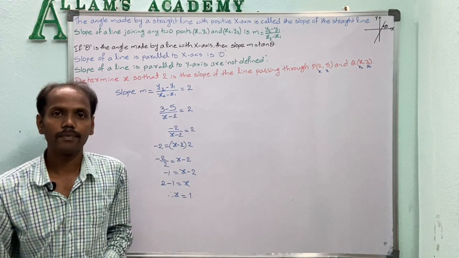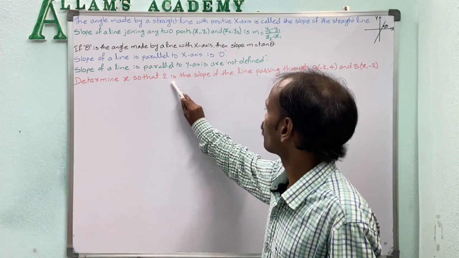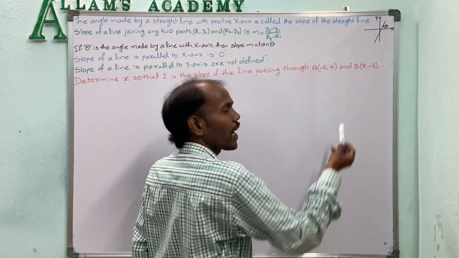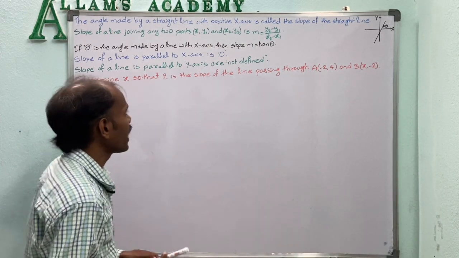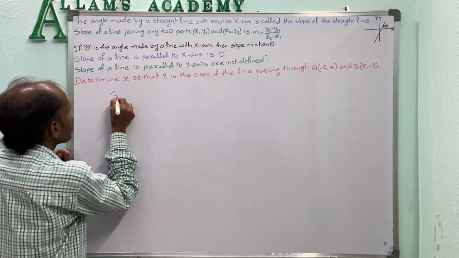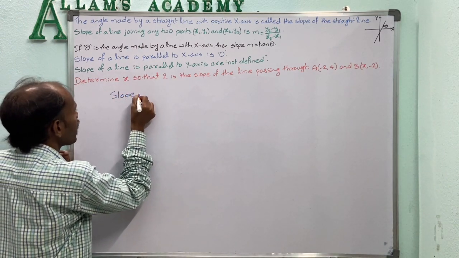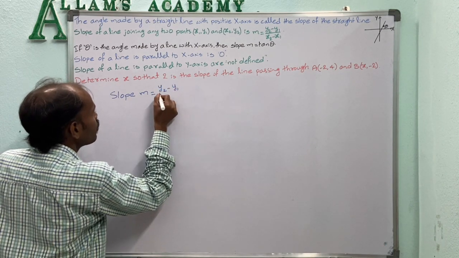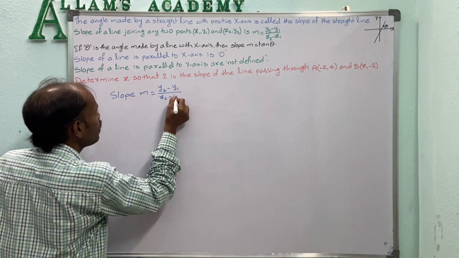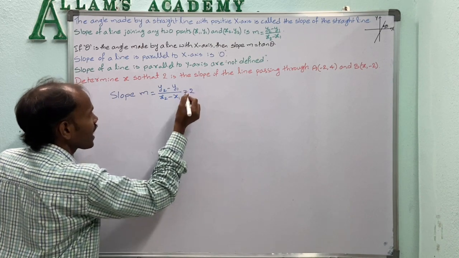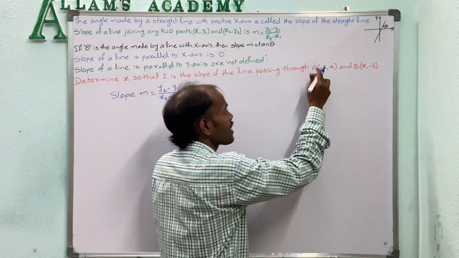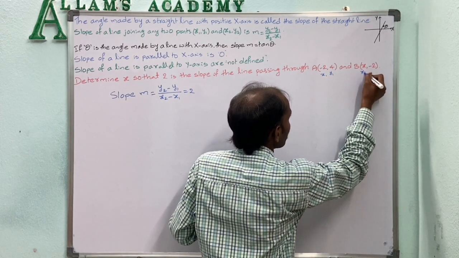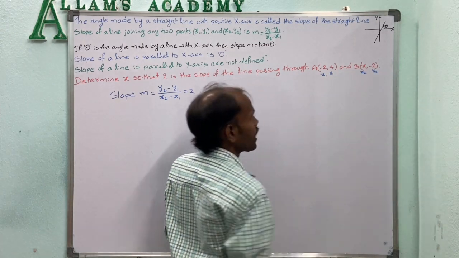Determine x so that 2 is the slope of the line passing through A of minus 2 comma 4 and B of x comma minus 2. So slope m is equal to y2 minus y1 by x2 minus x1. That value is here given as 2, and here x1 y1 coordinates are minus 2 comma 4 and x2 y2 coordinates are x comma minus 2.